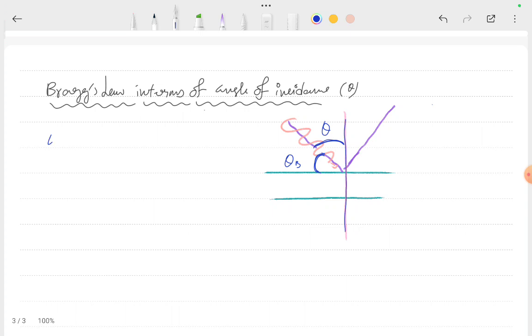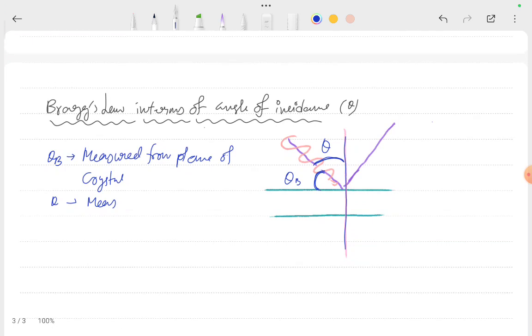So theta_B is measured from the plane of crystals, and theta is measured from the normal of the plane. Very important.